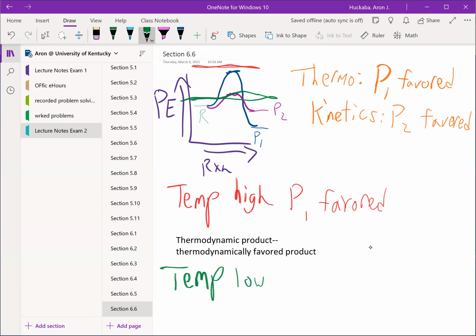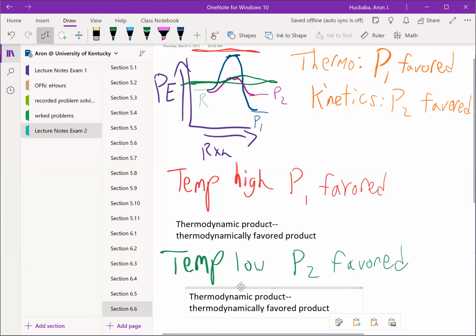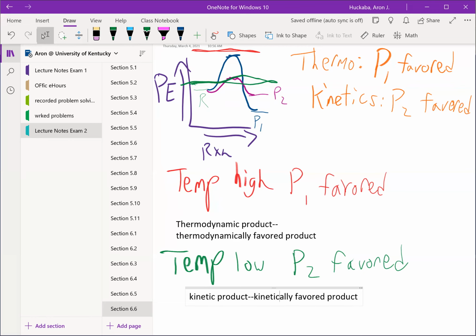So because that's the case, temperature low, P2 is favored in this specific example, which means that P2 would be called the kinetic product because the P2 product would be kinetically favored, because, remember, kinetics deals with the rate and not the equilibrium. And the rate of formation of P2 will be much faster than P1 because the activation energy is much lower.